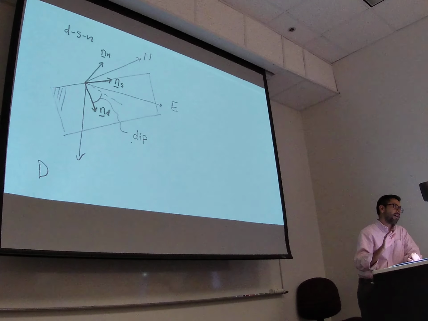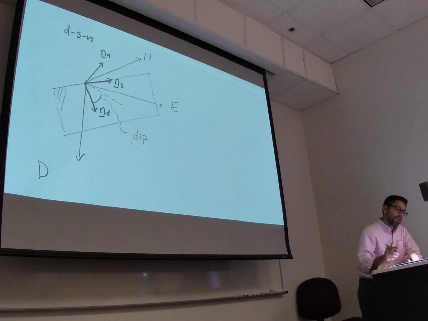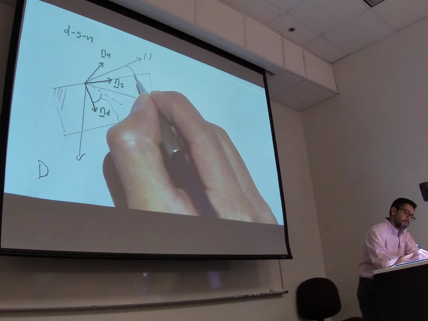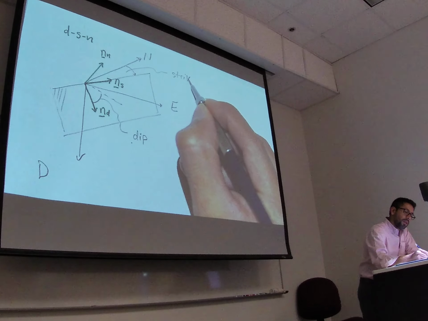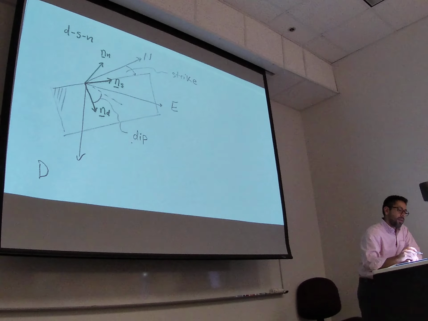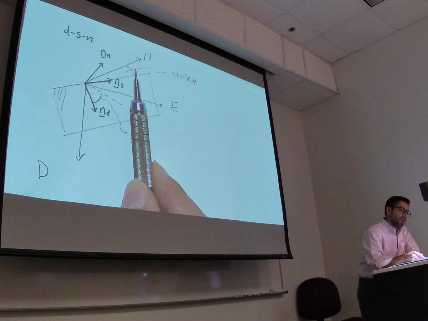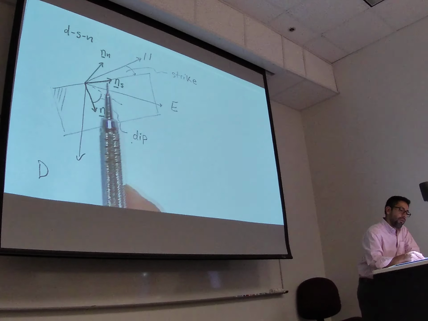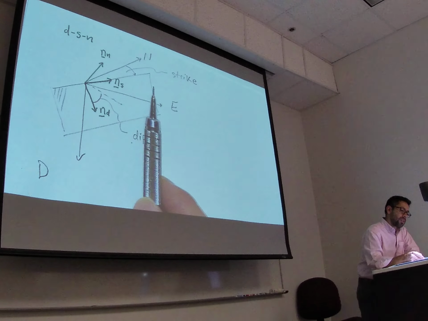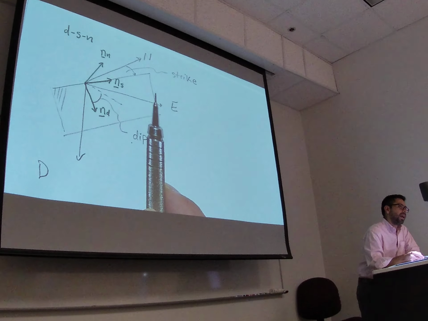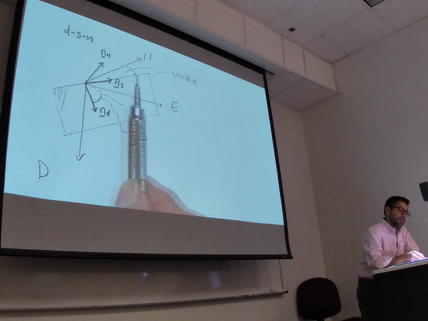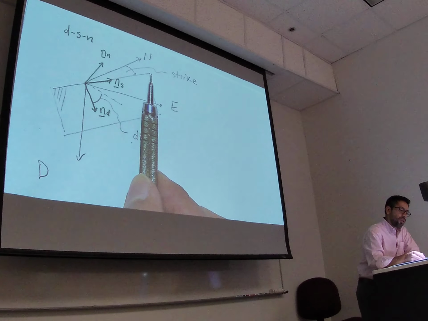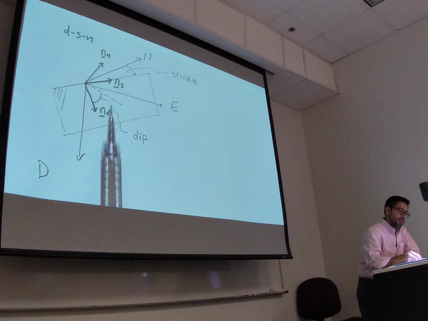And that's not enough to characterize a plane. You also need a second angle, which is the angle of strike. And the angle of strike is the angle between the north and the intersection of the plane under study with the horizontal plane, which in this case is that line. That line is the intersection between the horizontal plane and this plane.